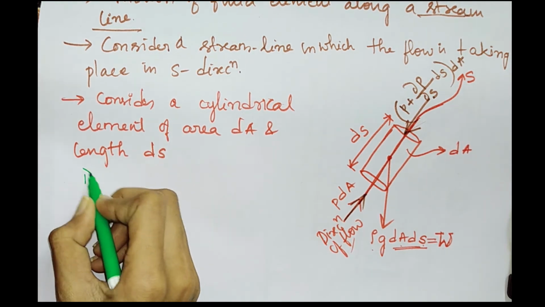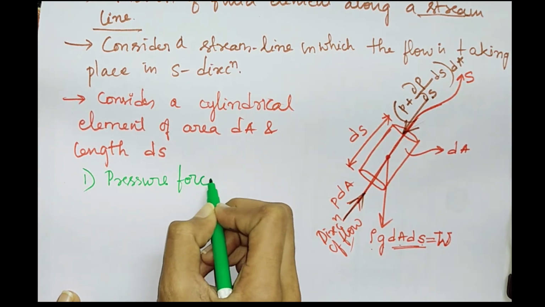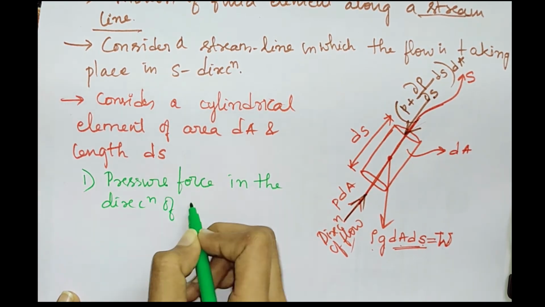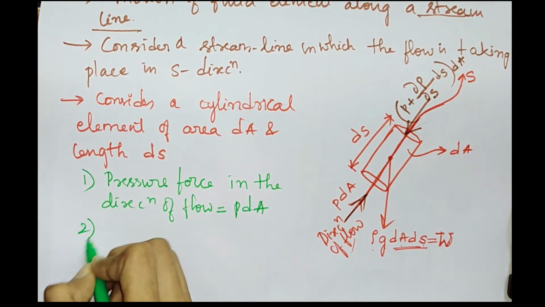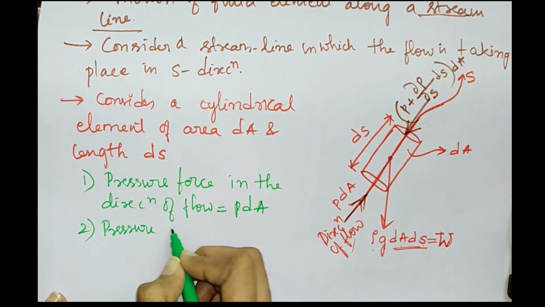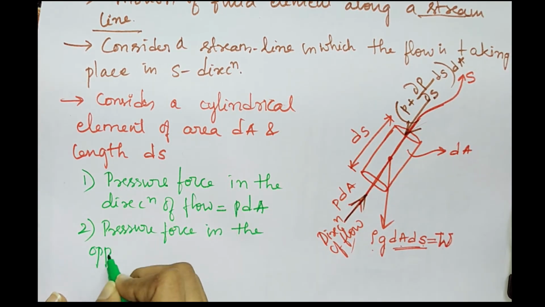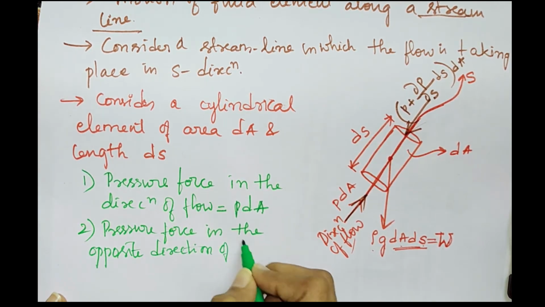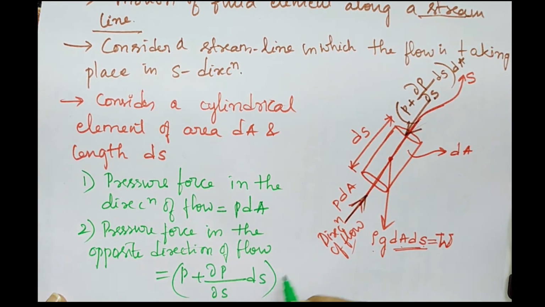So in total, there are three forces which act on this cylindrical element. One is the pressure force in the direction of flow, which is P into dA, and the second one is the pressure force in the opposite direction of flow, which is P plus dou P by dou s into ds into dA.